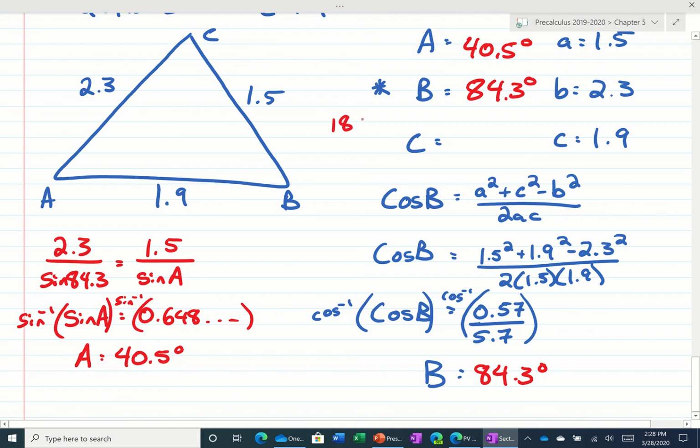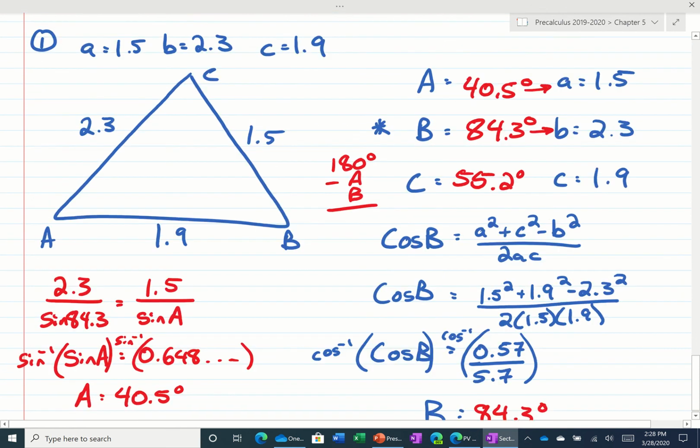And if we do 180 minus A and minus B, it comes out to 55.2 degrees. All right, so let's see, largest angle, largest side, smallest angle, smallest side. All right, so that's that one.